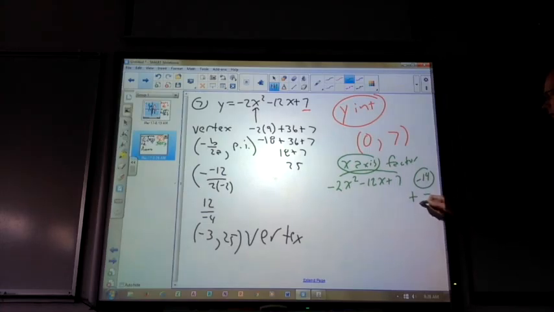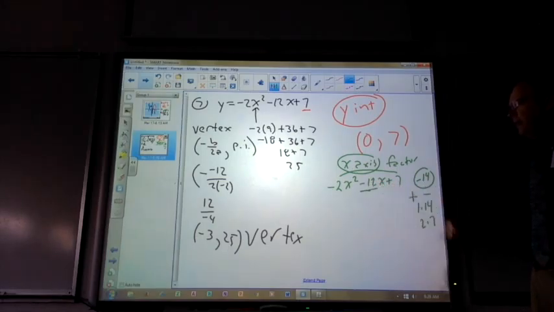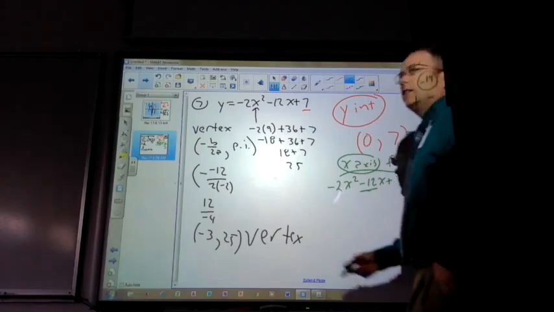Then the factors of 14 are 1 and 14, 2 and 7. Will any of those work to add up to give me negative 12? No. So the x-axis, we can't tell on this one.